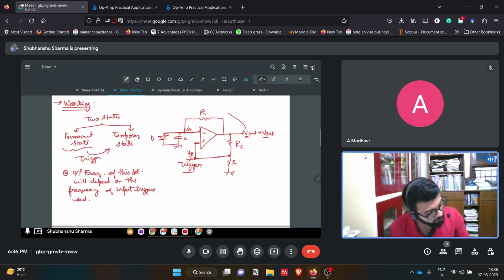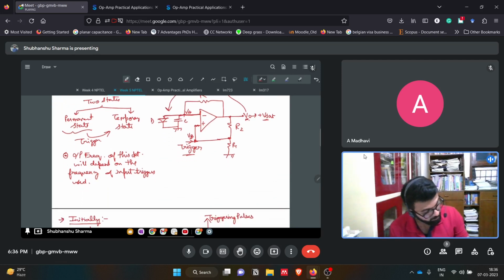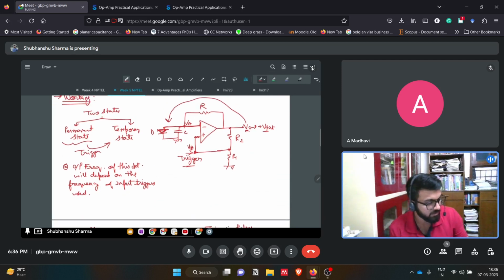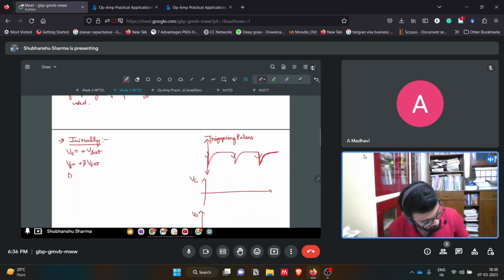Fine. Since V naught is plus Vsat, it will feed back to this diode and capacitor via the negative feedback. So what will happen? This diode will be forward biased, because this side is looking at the positive side of the voltage, and this is at the negative, that is ground. So this side is at the higher potential, and the diode will be in forward bias.